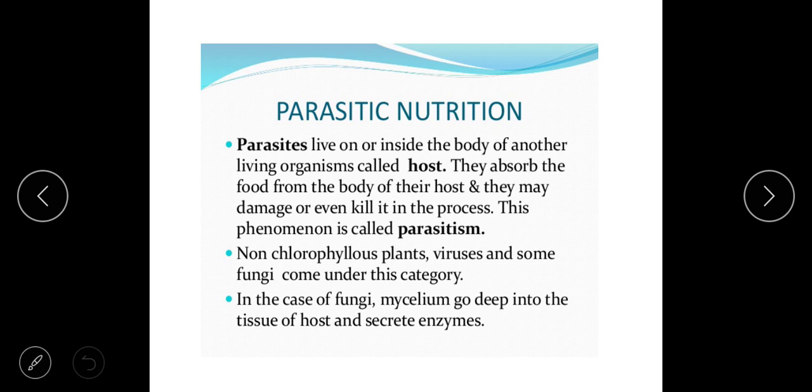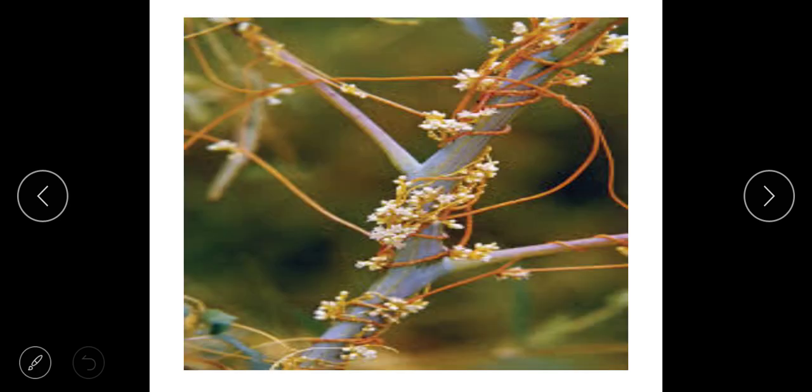There are different types of parasites which are present in our body and in the bodies of other living organisms. There are some plant parasites also. In this figure, you can see the plant parasite known as cuscuta. Cuscuta is also known as amarbel. Though it is a medicinal plant, it causes a lot of harm, especially when it is found in the field.